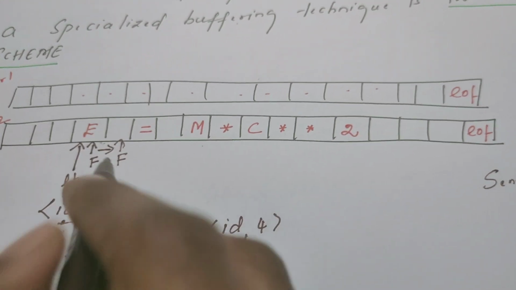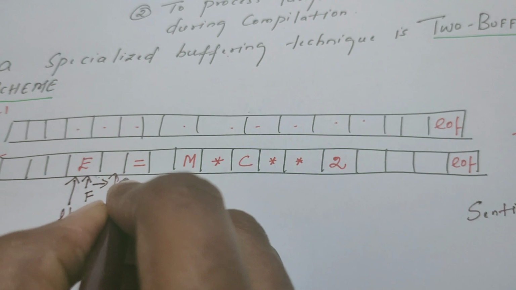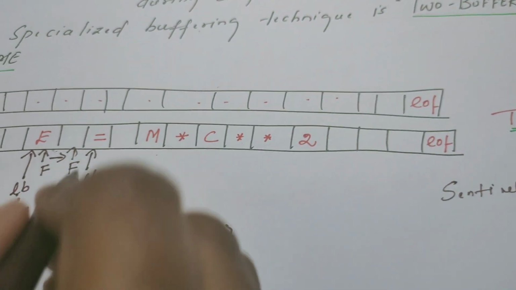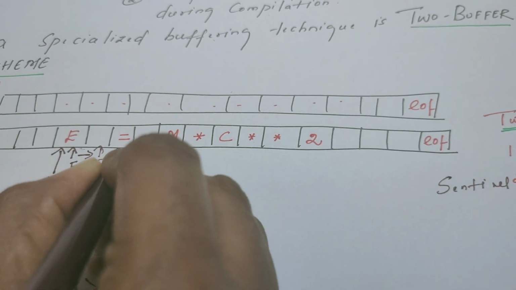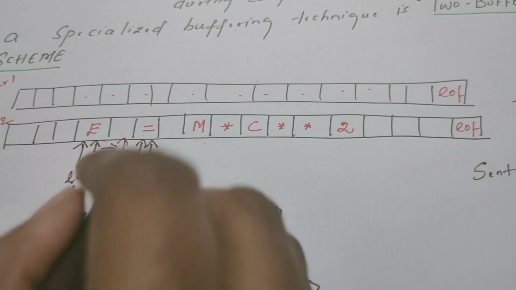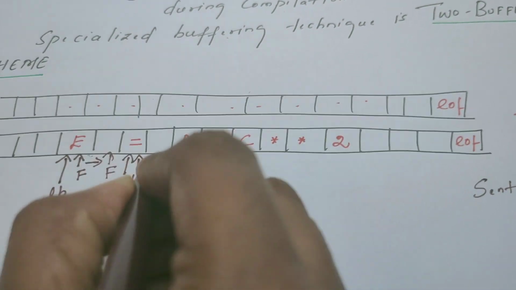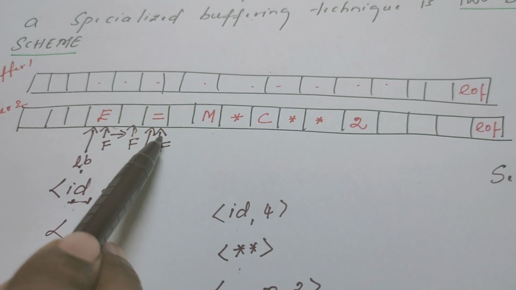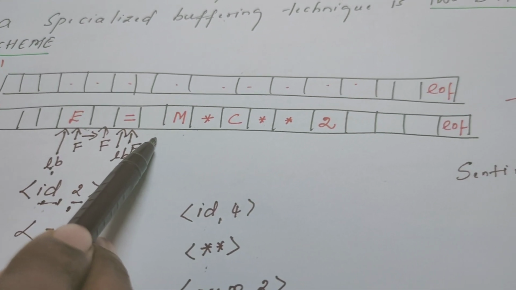Right. Now lexemeBegin will be set to this equal to now. And forward is also set to this because forward ignores the blank spaces. LexemeBegin as well as forward, both the pointers are pointing to the equal to now. Now the forward pointer alone keeps moving in the right hand side direction.